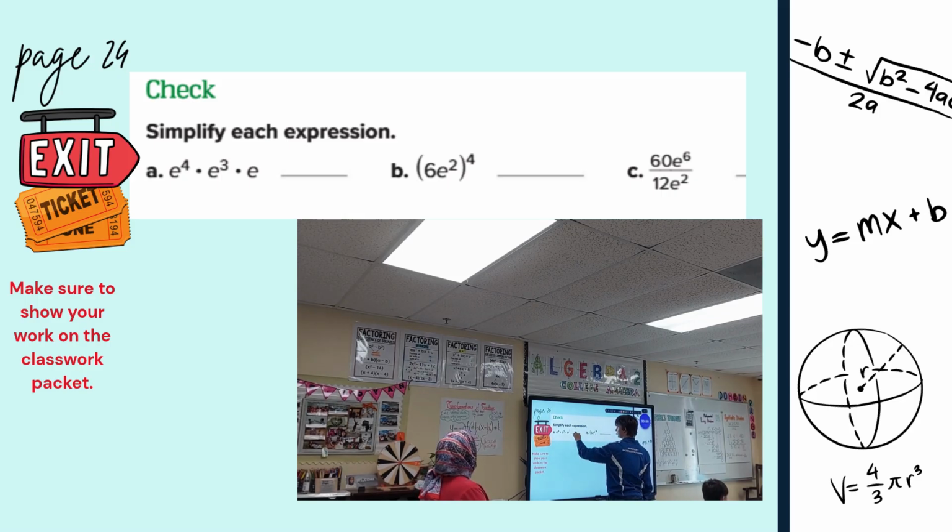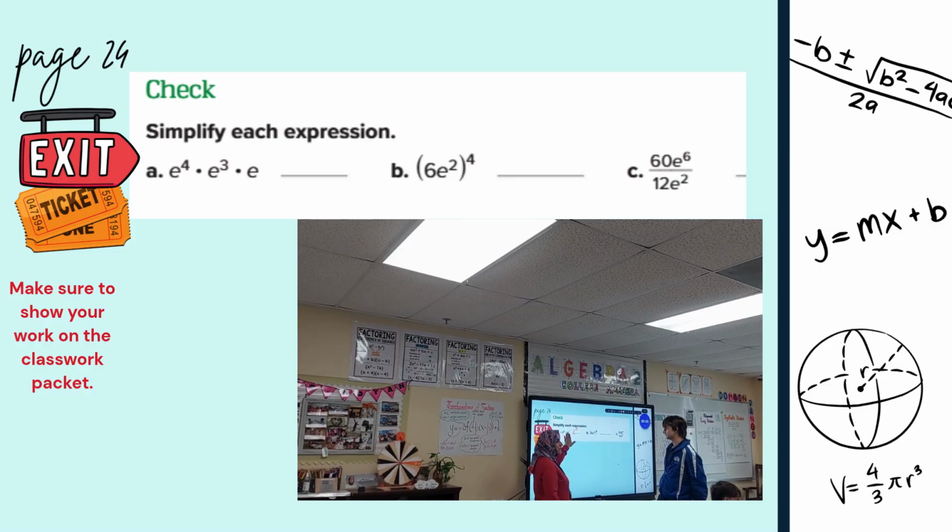Oh, that's perfect. So guys, because some students write for this answer e to the power of 7. But it is not 7, it will be 8. Because for the last one, there is e, which means its power is 1. So when we add 4, 3, and 1, we will get 8. Okay, perfect. You got it.